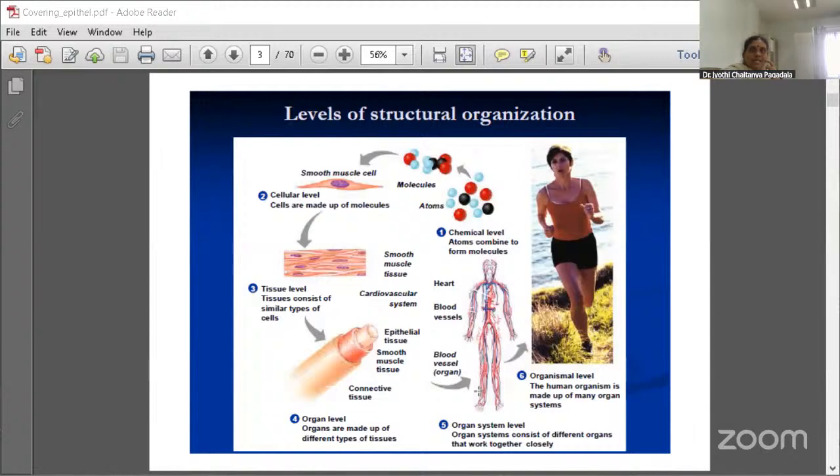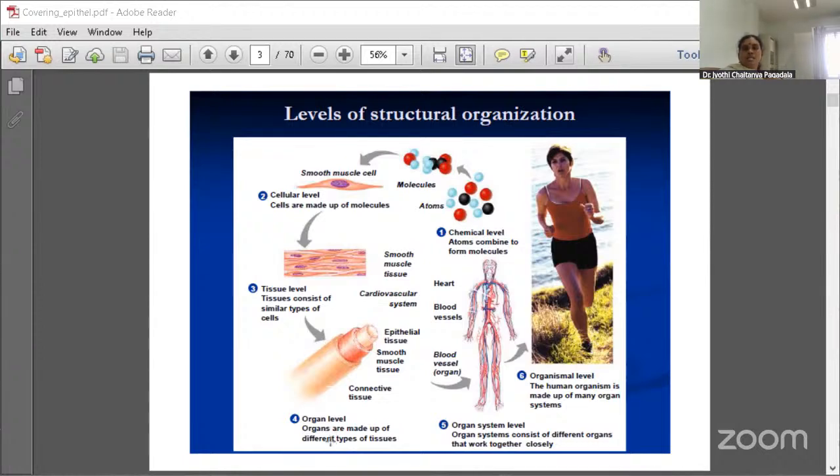Here you can see the levels of structural organization. As we just discussed, at the chemical level atoms combine to form molecules, and from these atoms and molecules the smooth muscle is formed. That is the cellular level. Cells are made up of molecules, and at the tissue level, tissues consist of similar types of cells.